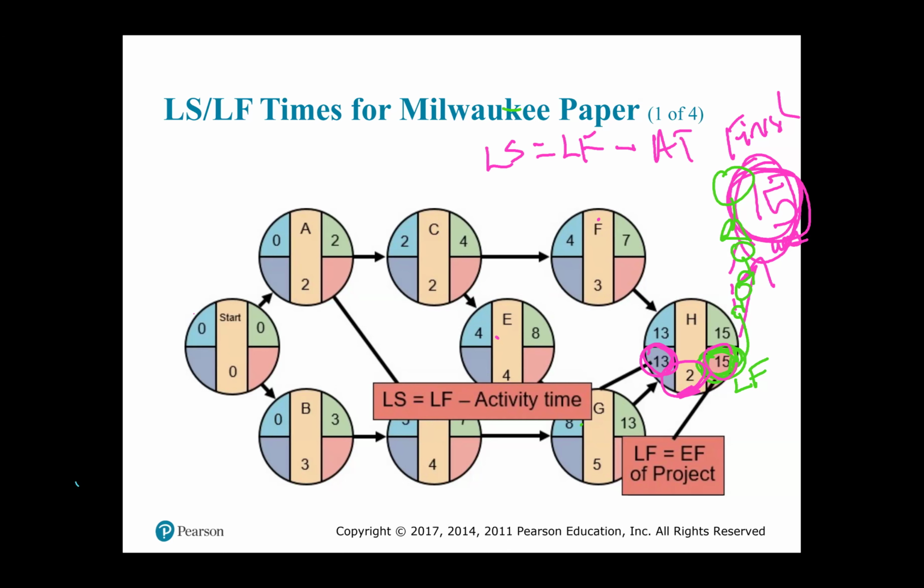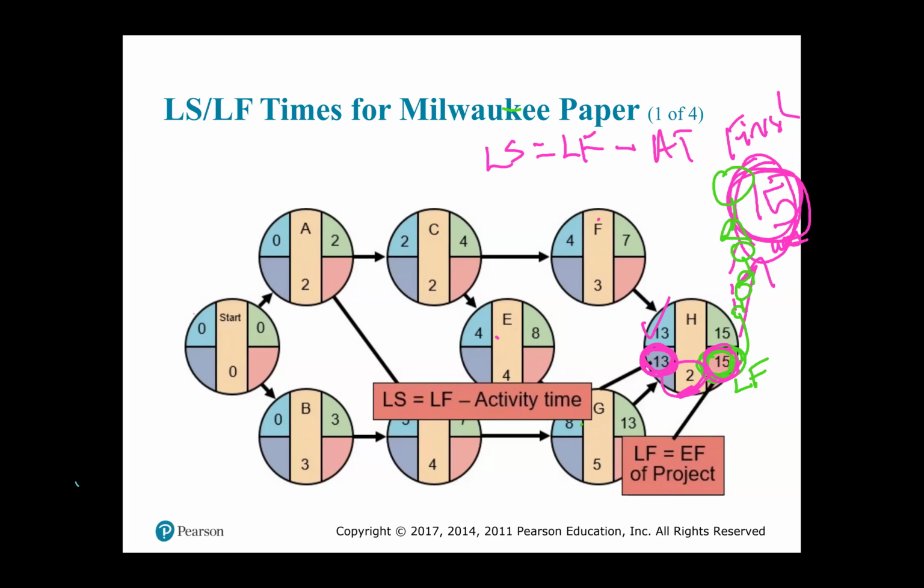The 15 that I just circled in green, and I over-circled it with the pink, minus the 2, which is the activity time of H, gives you the late start. That is the one that is circled in pink, right? The 13 that I put a tick against, that is your early start.